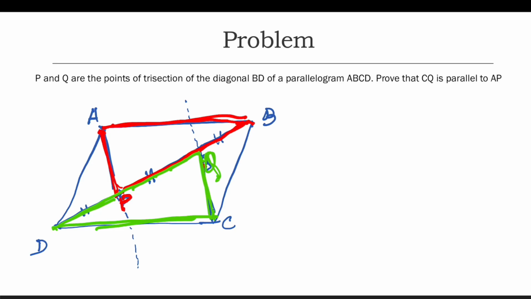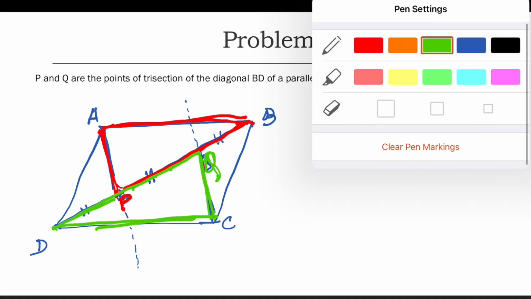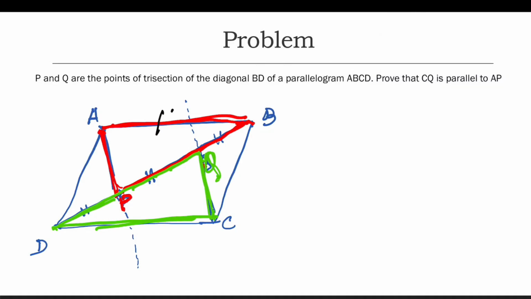Now let's look at these two triangles. First thing, I know AB is equal to DC. That we can say for sure. AB and DC are equal because they are opposite sides of a parallelogram. So that much we can say for sure.